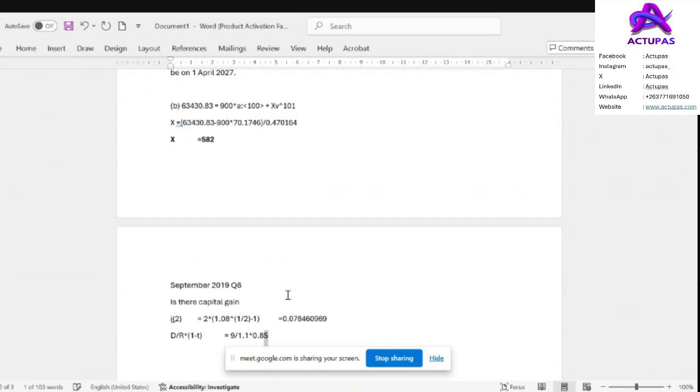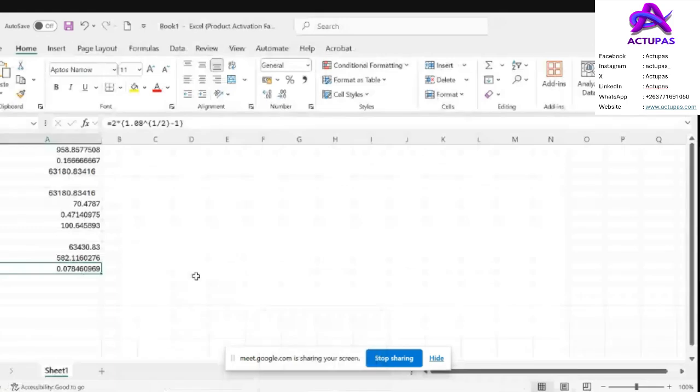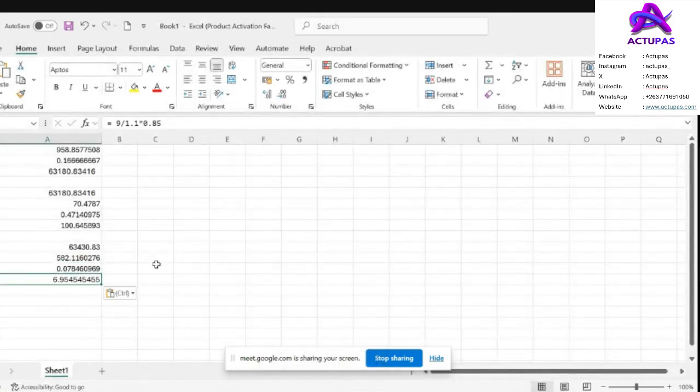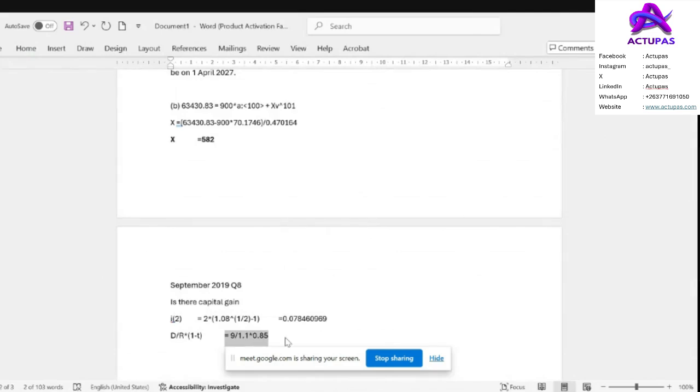Copy this, put it in Excel. This is a percentage. So this would be your percentage here. Okay, percent. And you see here your I2 is greater than that.